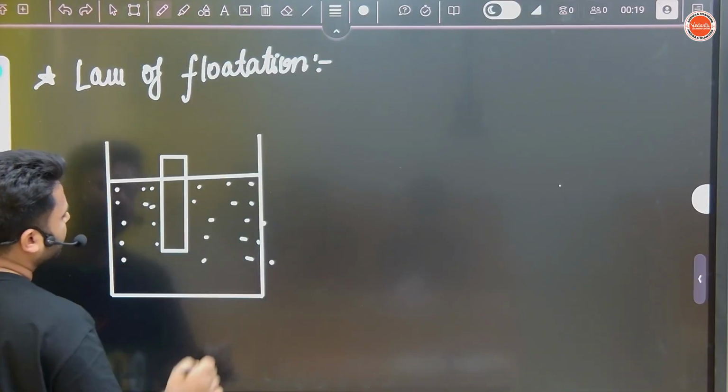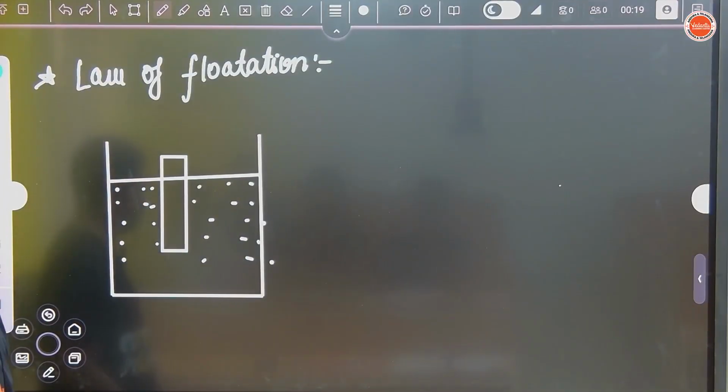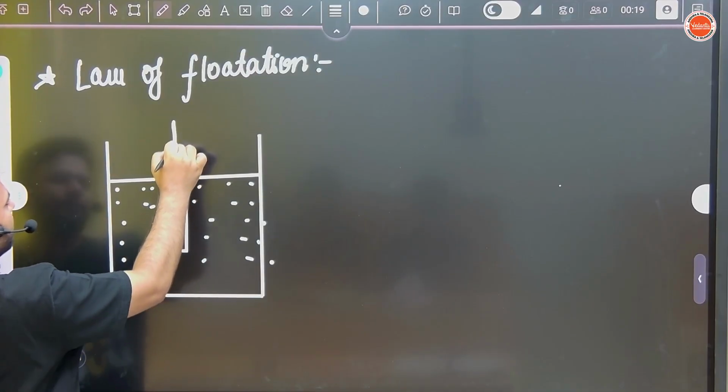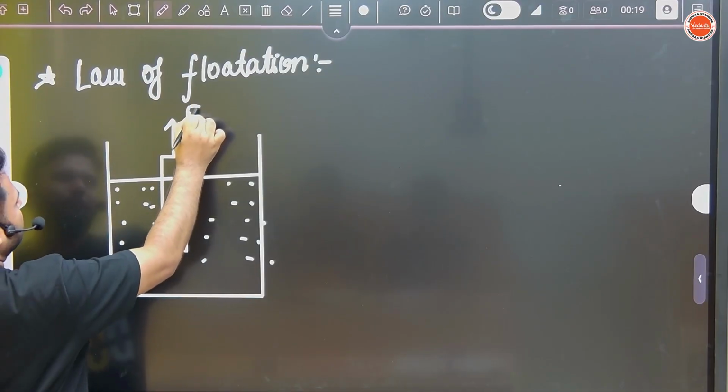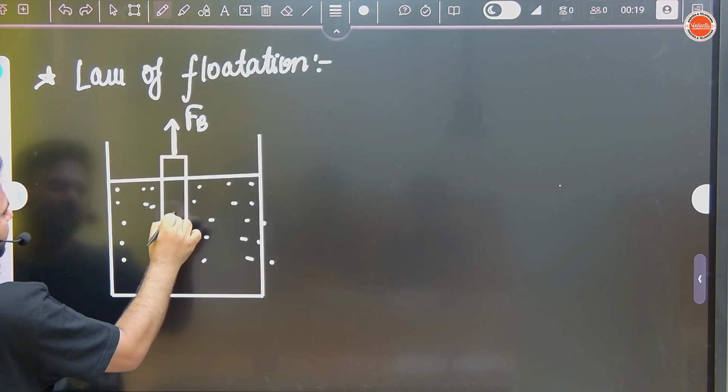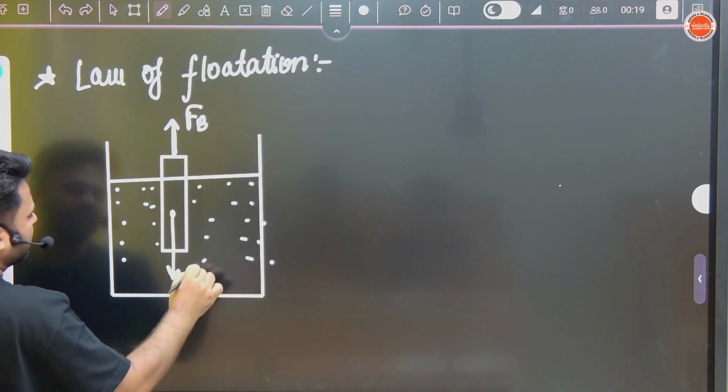The object is not going down, it is not accelerating down. Whatever upward force is there, the upward force was the buoyant force, and the buoyant force should be equal to the weight mg. They are balanced.